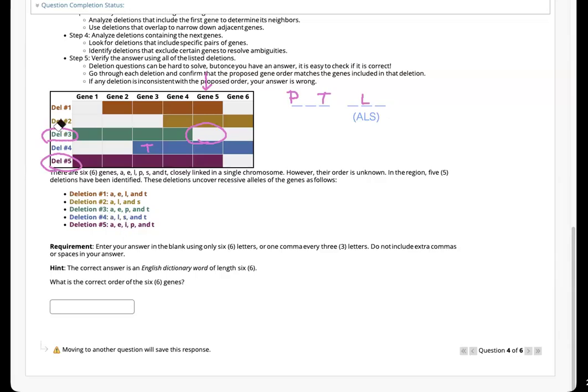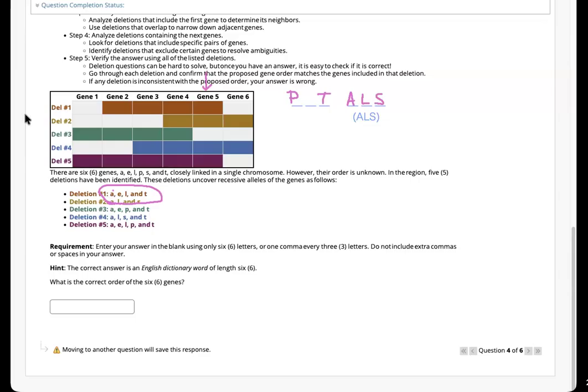So I'm just doing different strategies. Normally, I just take what's given to me. Like we know the last 3 is ALS. So is gene 4 A or is gene 4 S? I look at deletion 1. Deletion 1 does not contain S, but it does contain A, right? So that must mean that A is here. I actually wrote them in the right order, ALS.